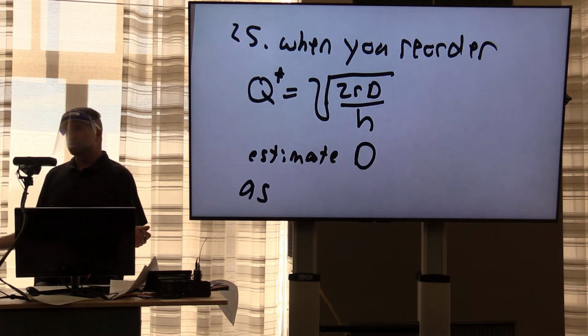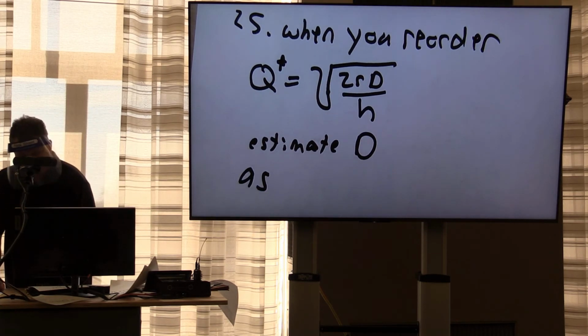And so it's reasonable to take the average daily demand and multiply it by 365.25.